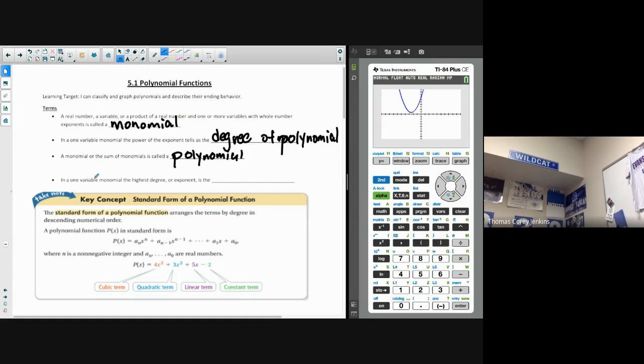In a one variable polynomial, the highest degree or exponent is the degree of the polynomial. Sorry, the one up here should be monomial.